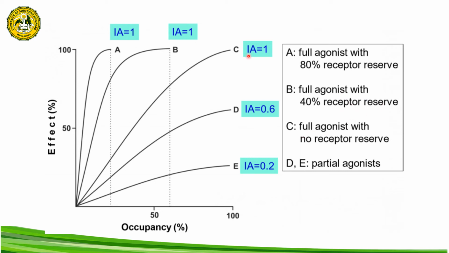Drug C was able to achieve maximum efficacy at 100% occupancy rate, meaning that there is no receptor reserve. Drugs D and E, on the other hand, are partial agonists, so they will not be able to achieve maximum efficacy. Drugs A and B, therefore, exhibit the concept of the spare receptor.